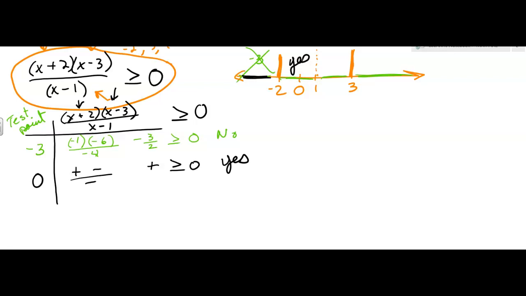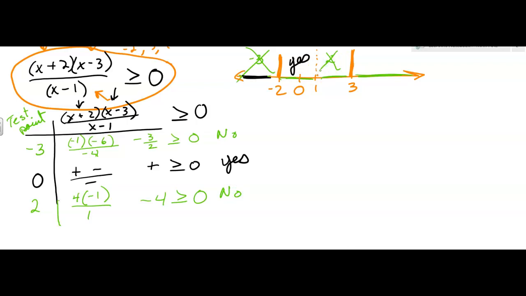Now I need a test point between 1 and 3. I'll pick 2. I'll do the numbers this time. So 4 times negative 1 over 1, if I put in 2 for all the x's. That turns out to be a negative 4. Is that greater than or equal to 0? No. So not that section.